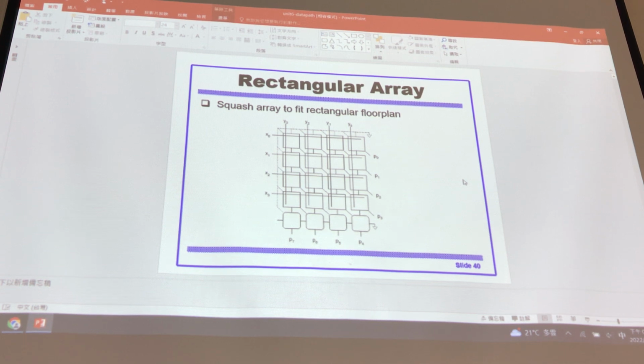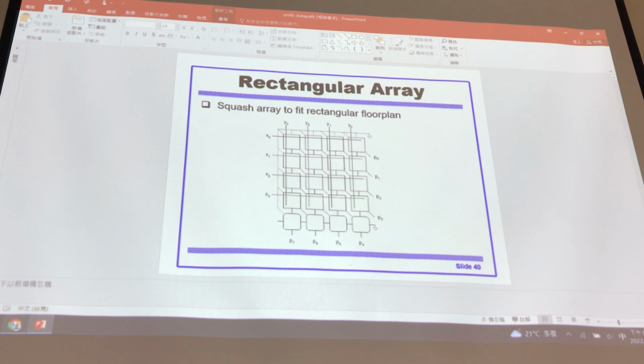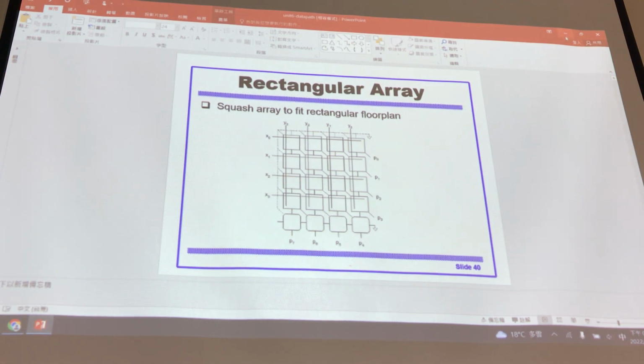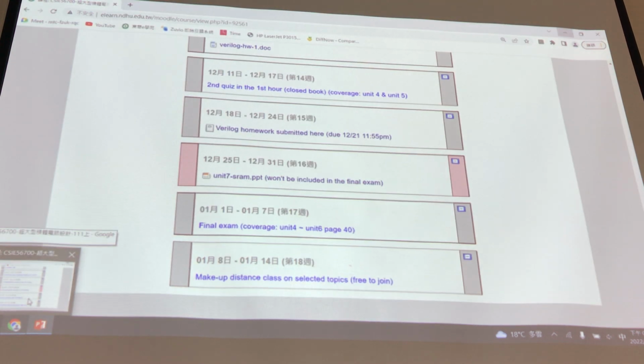You can look at the unit system, up to unit 6, page 14. Any question?